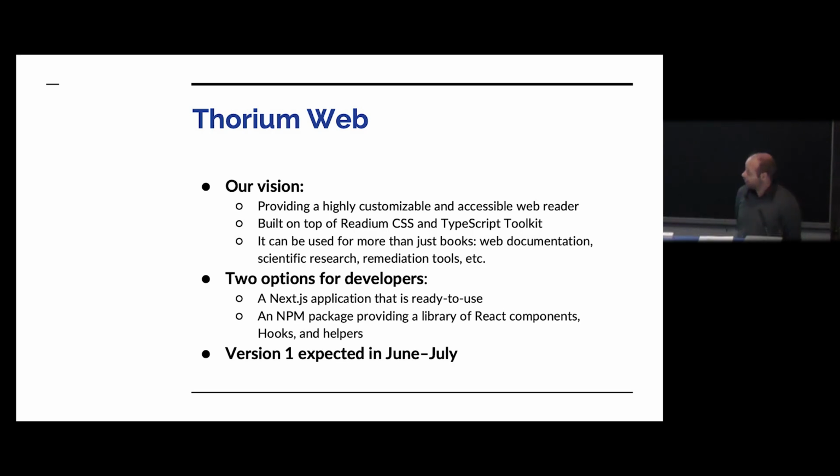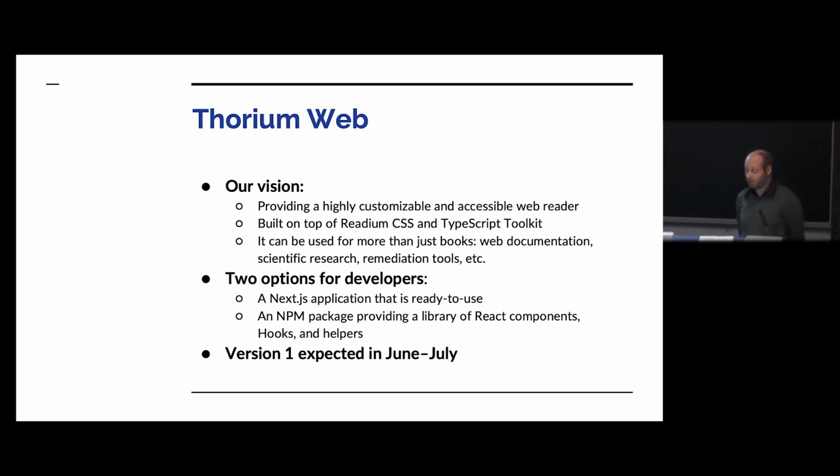So right now, there are two options for developers: a Next.js application that is ready to use. You can fork it and deploy it as the Internet Archive did a couple of days ago. But we're also offering an NPM package that is providing a library of React components, hooks, and helpers. Those are the building blocks of the Next.js app. And we have decided to make a package out of that so that everyone can benefit.